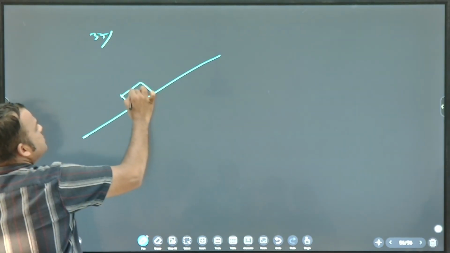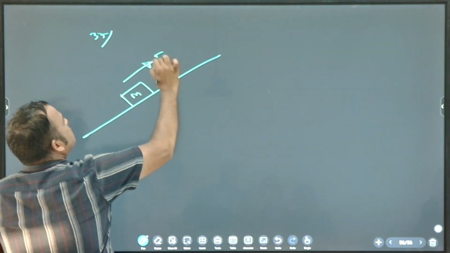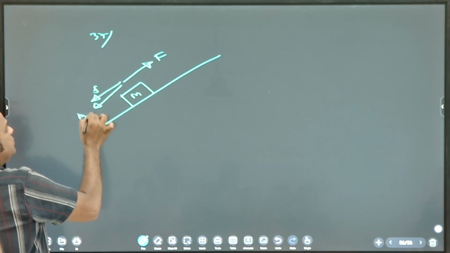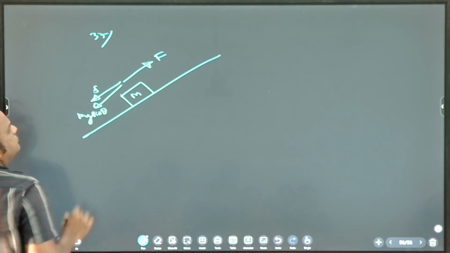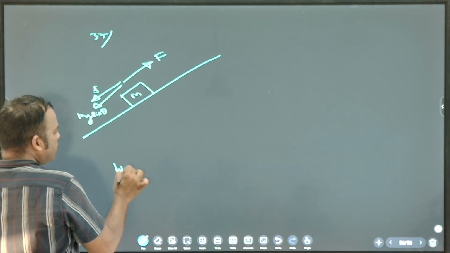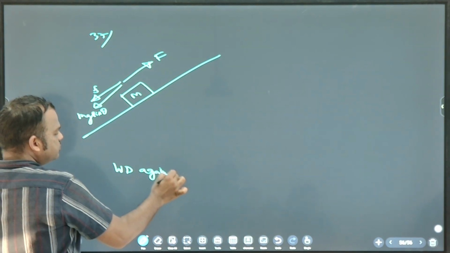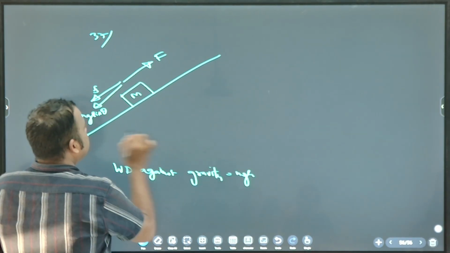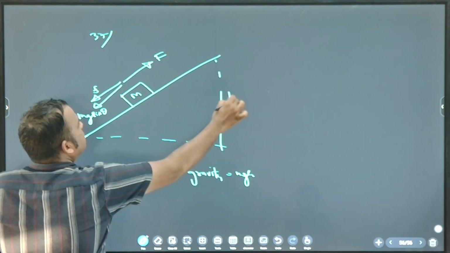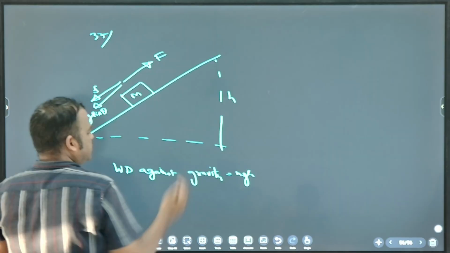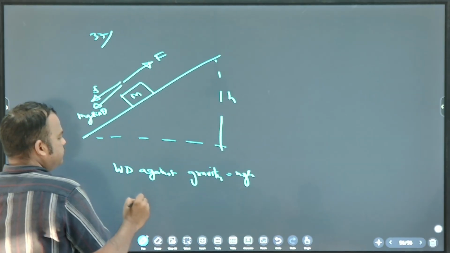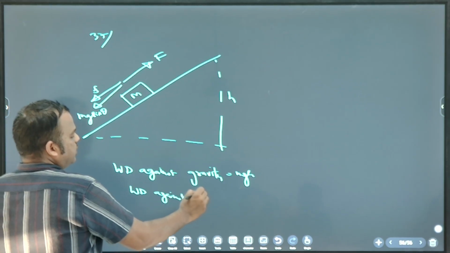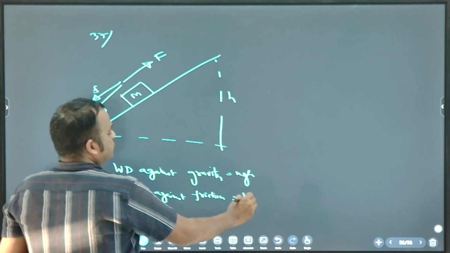Okay, the block is M. The external force is this, and the downward forces are friction and mg sin theta. So what is work done against gravity? Mgh. Work done against gravity is mgh, and work done against friction is W2.